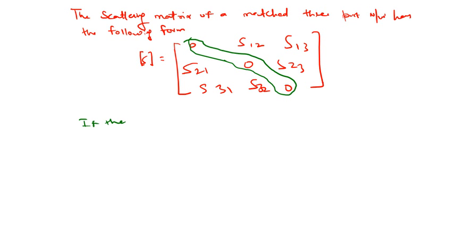If it is unitary, it means the determinant should be 1.